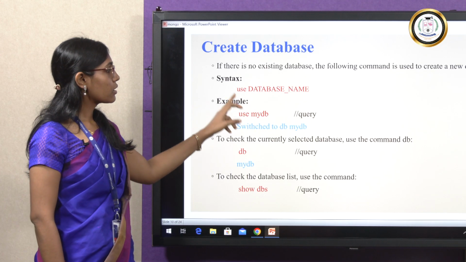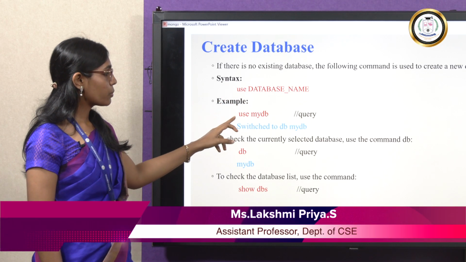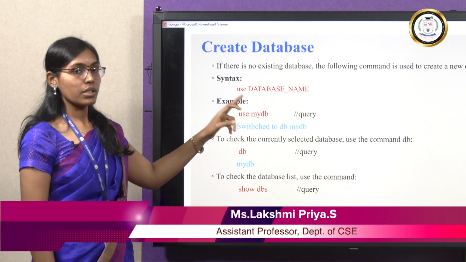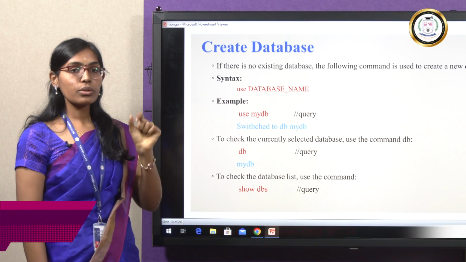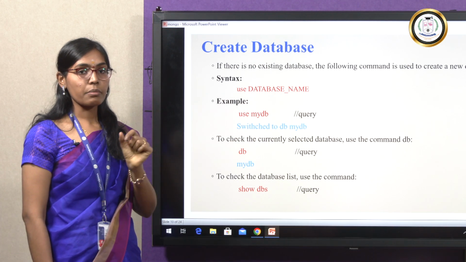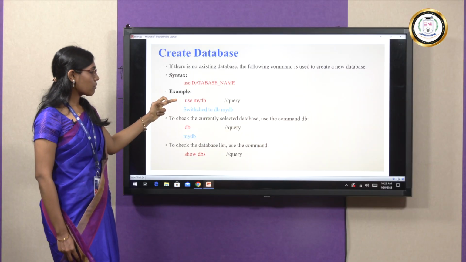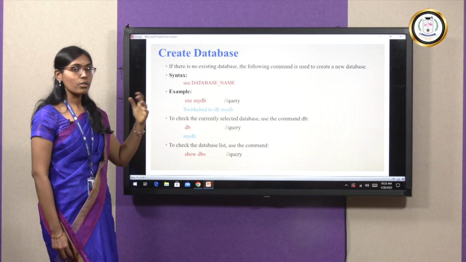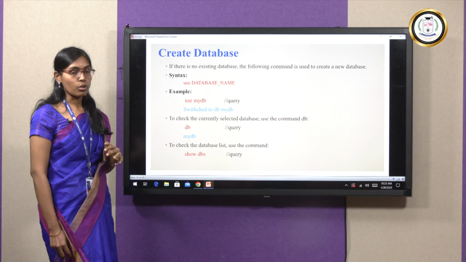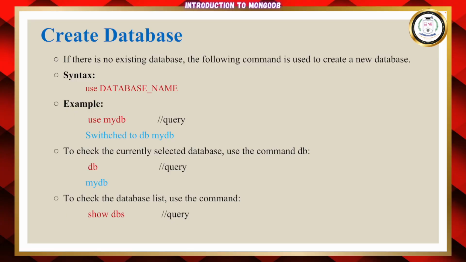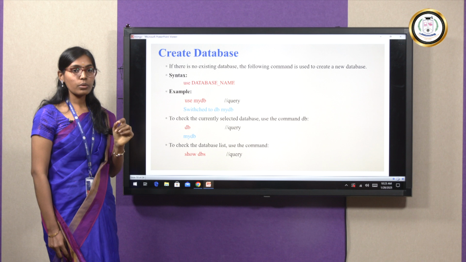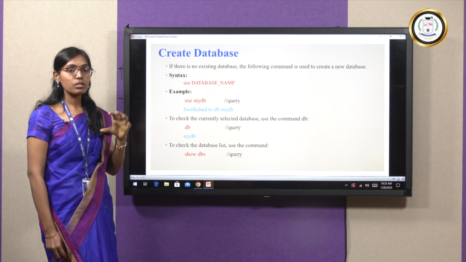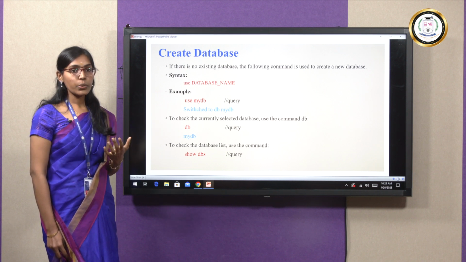For example, if you put use MyDB, you are going to create a database named MyDB. Once you have given this red color command, the blue color command is the output that will be shown in your command prompt: switched to db MyDB. So currently there is a new database named MyDB. This is how you create a new database.